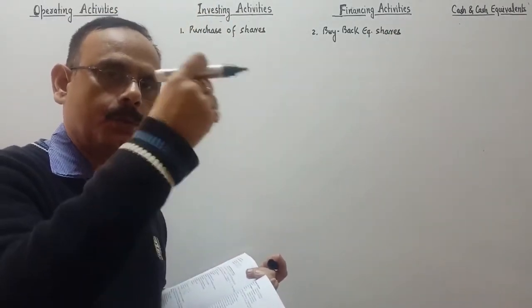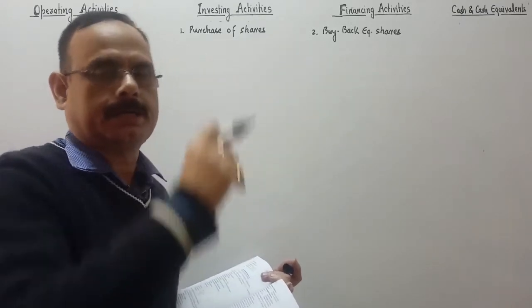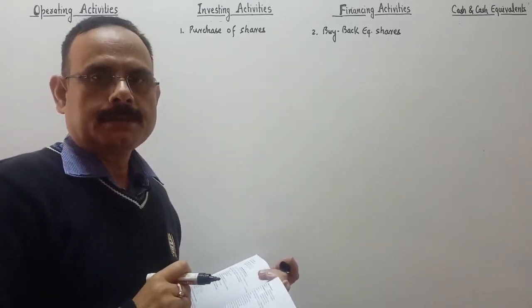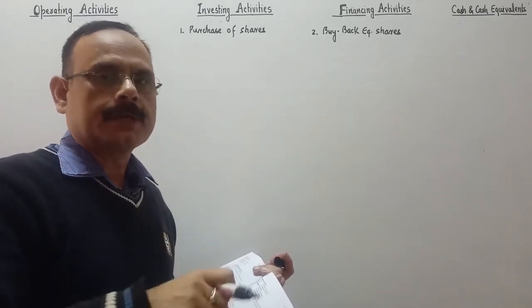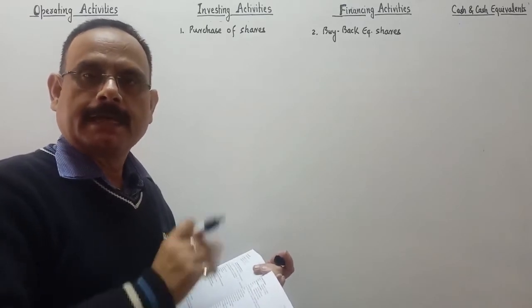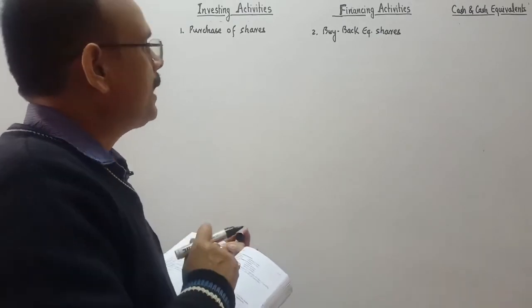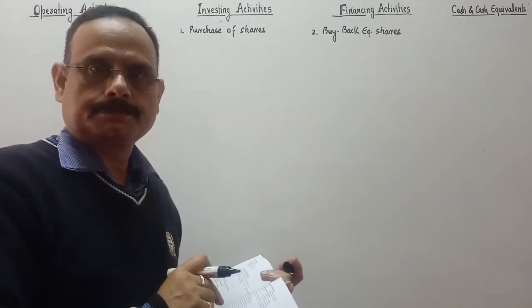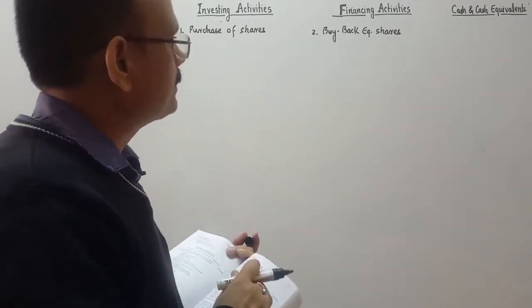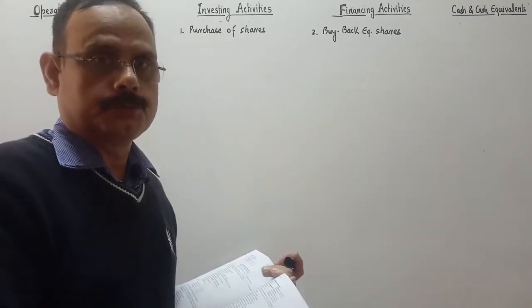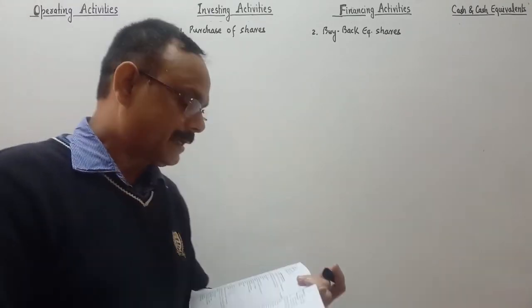We purchase our own shares from the open market. We are going to restructure our capital structure. So buyback of equity shares is a financing activity, an outflow under the financing activity.